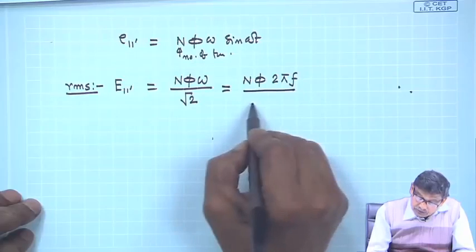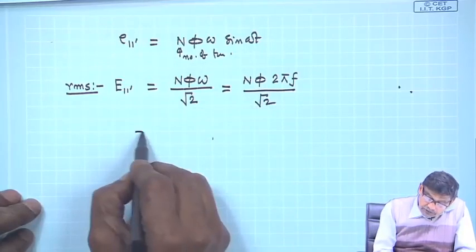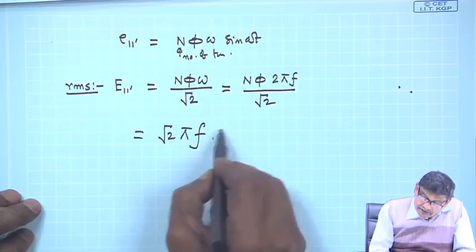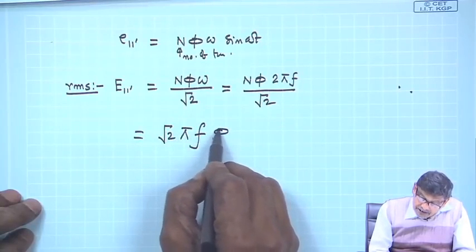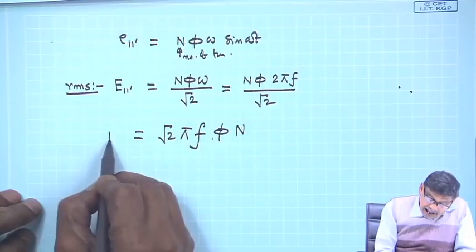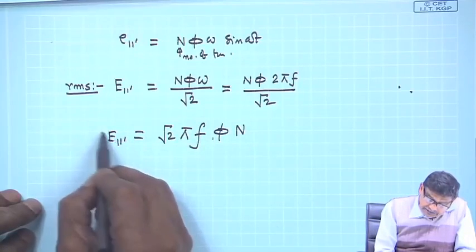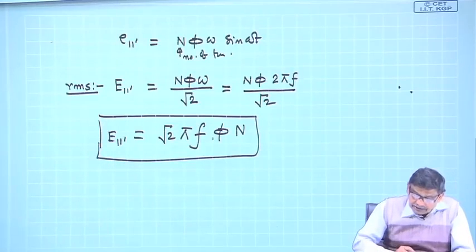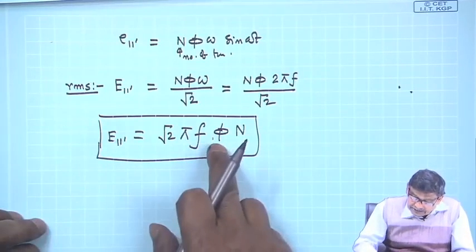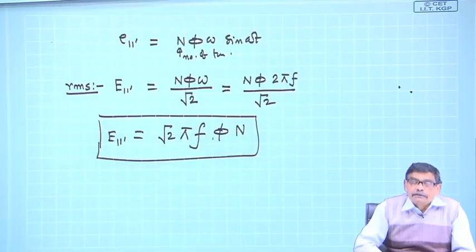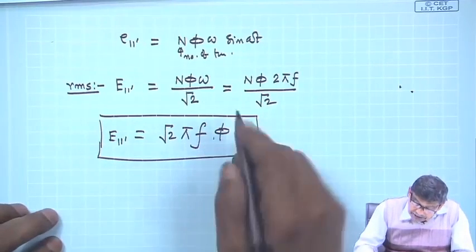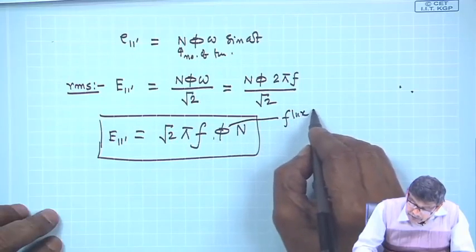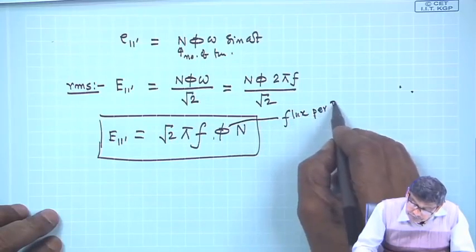So, it will be equal to root 2 pi f phi into n, an expression which is similar to that of a transformer. Why am I telling similar? Because in a transformer it was phi max, but in the case of a rotating machine it is flux per pole.